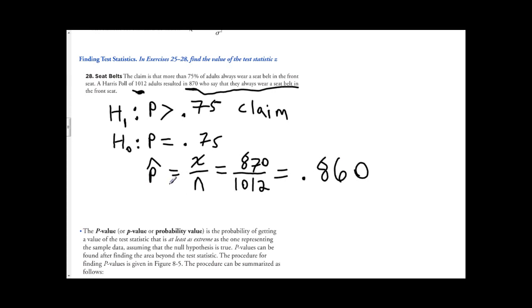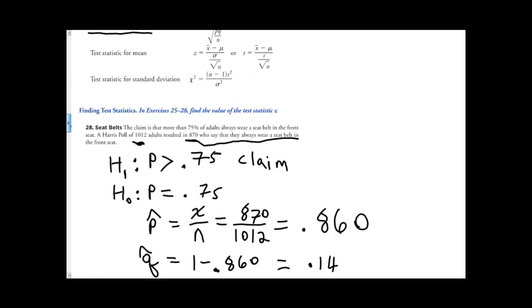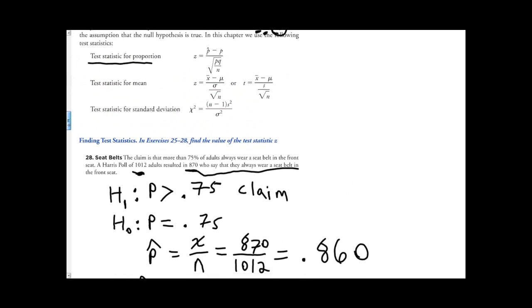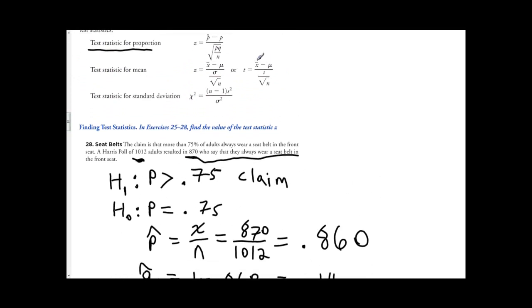We have p hat, and by virtue of that, we also have q hat, because q hat is 1 minus p hat, and 1 minus 0.860 is 0.14. So 0.14 is q hat. We have everything we need to calculate our test statistic for a hypothesis test about proportions.